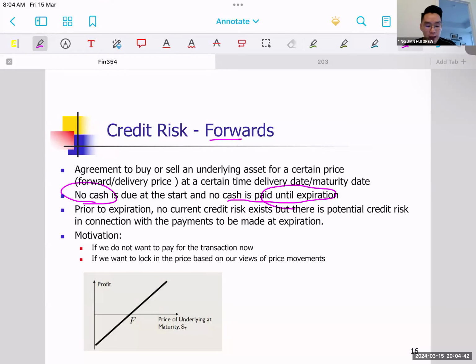So from a credit risk perspective, why do you want to buy a forward? Anyone would like to give a try to suggest from a credit risk perspective, why do you want to buy a forward in this case? Lock in the price, that's good. That's right.